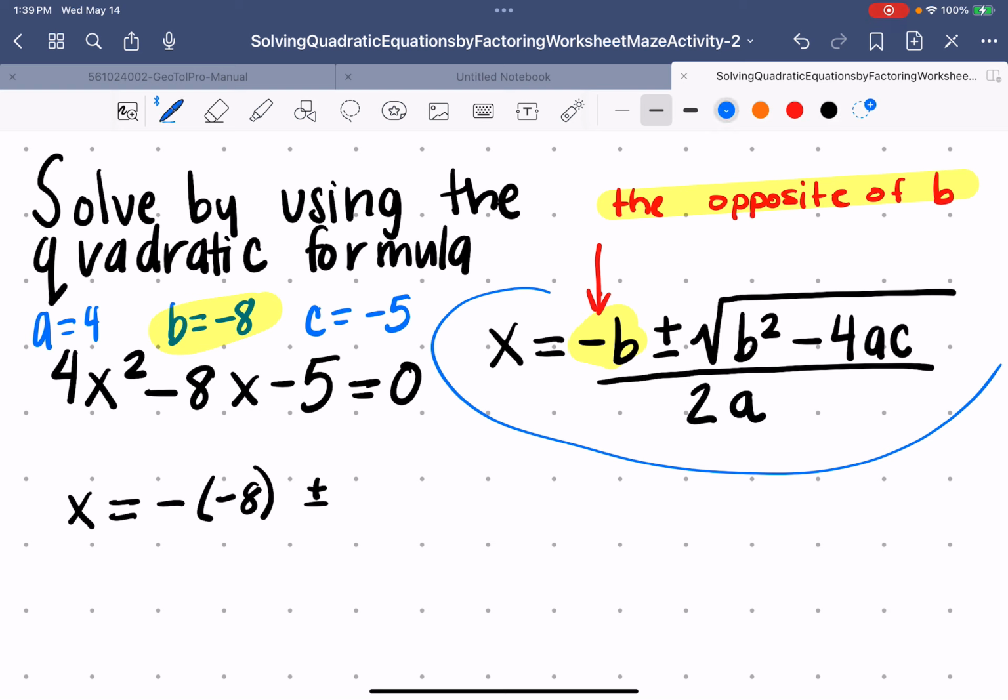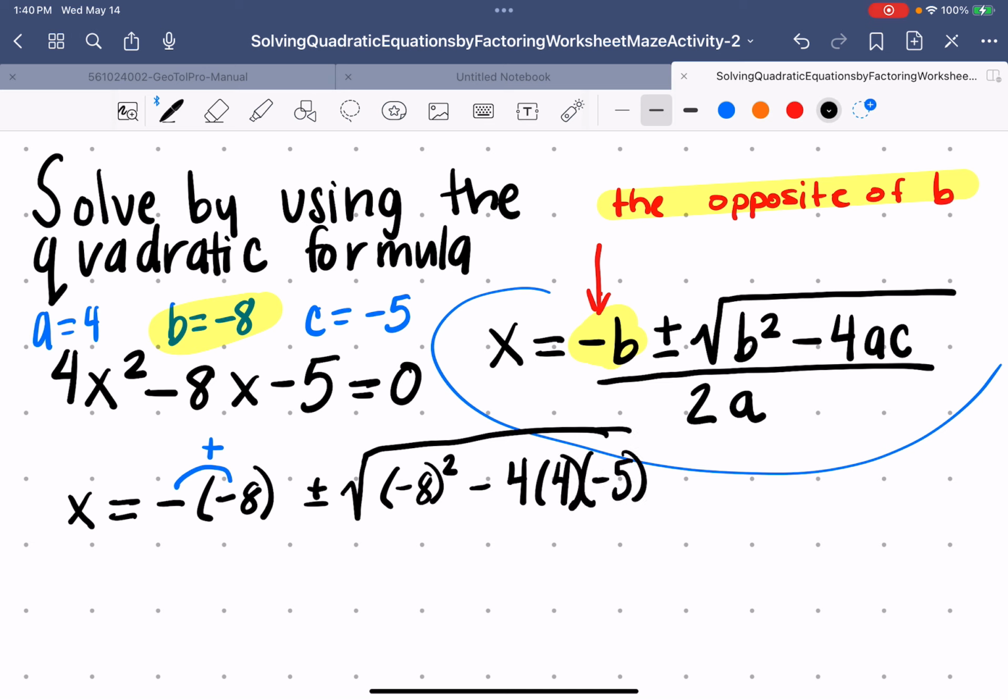So the opposite of negative 8 is going to be positive 8, plus or minus the square root of b squared. B is negative, so make sure you put parentheses around it in your writing and in your calculator. Minus 4 times a, that's 4, times c, that's negative 5, all divided by 2 times a, which is 4.